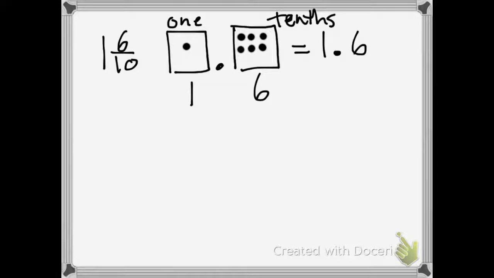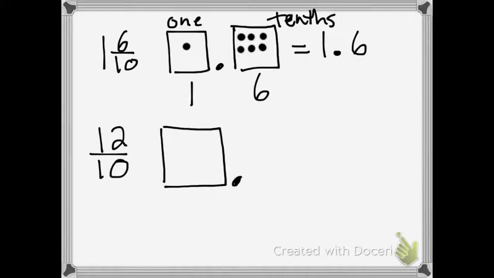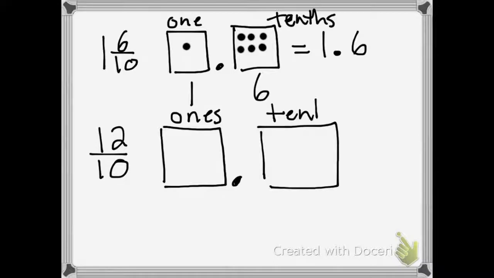If I were to take 12/10, an improper fraction. Well, I already know from what I've learned with fractions that an improper fraction is going to also give me more than one whole. So here I know I'm going to have to do some exchanging just because it's an improper fraction. So these are my ones place. So my tenths place.